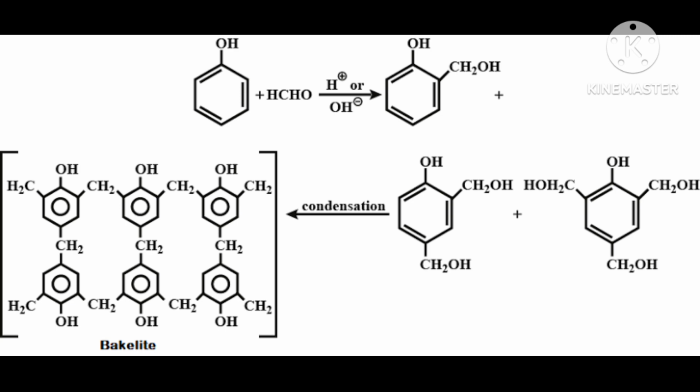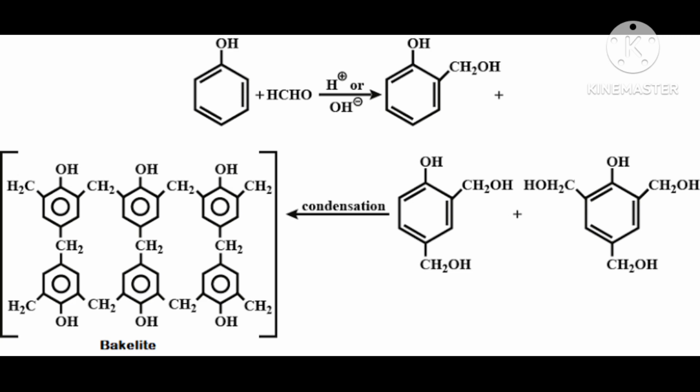The other product you will get, in that you will find that both ortho and para positions are joined by CH2OH. CH2OH will join at the ortho position and para position also. This is the second possibility.